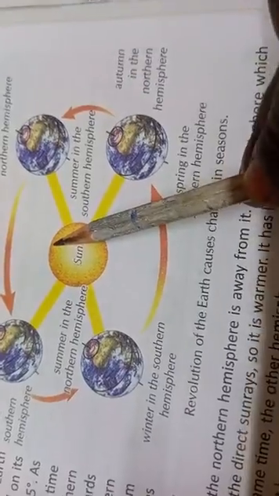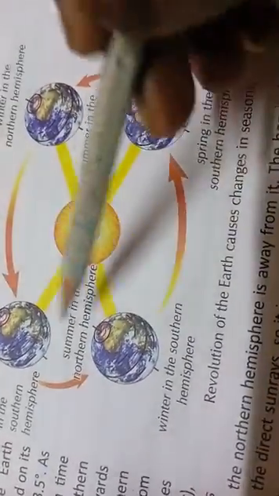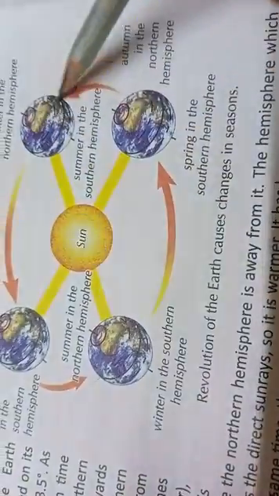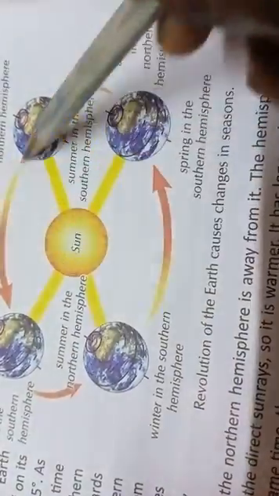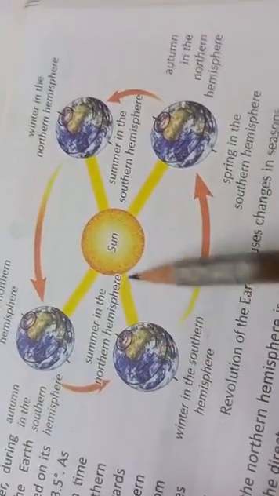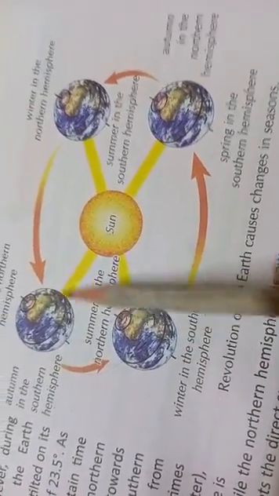Okay, see, one picture is given in your textbook, and in the middle of our solar system there is the sun, and all the planets move around it through an elliptical path called an orbit. So our earth changes its position while it is moving around the sun. All of you listen here.